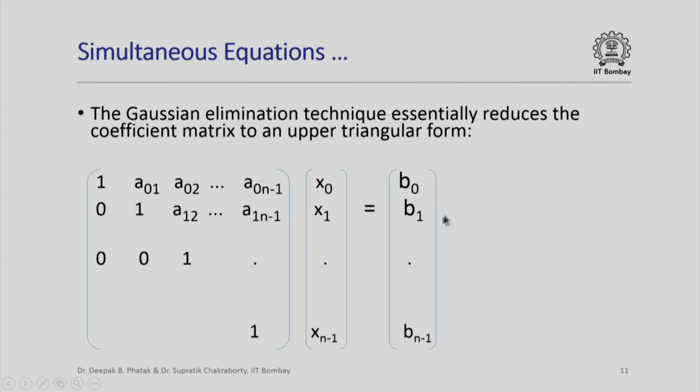Observe that the right hand side B0, B1 etc. will not be original values, but these will also be modified based on the computations that are performed in order to do this transformation. But once we obtain this, then it is easy to see that the last variable can directly be determined by using B(n minus 1), and by back substitution successively we can determine all the other unknown variables.